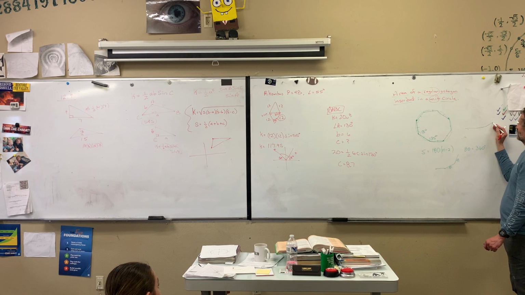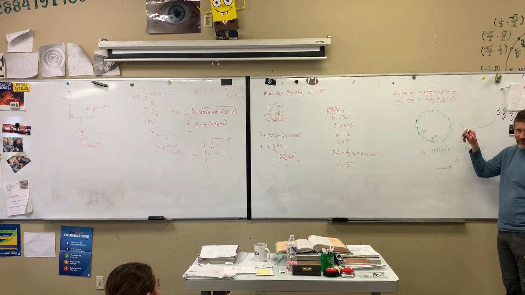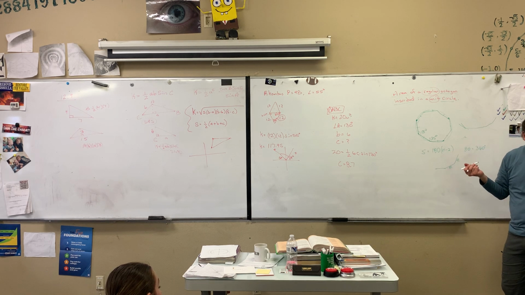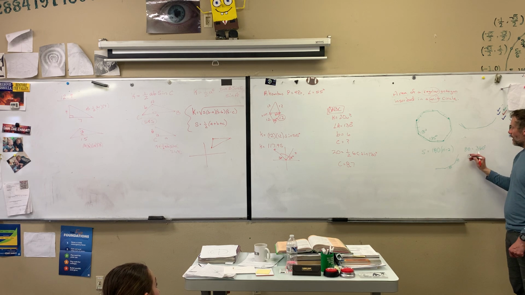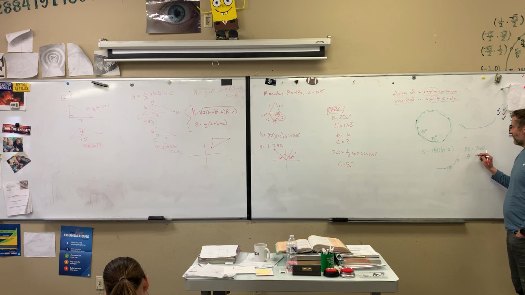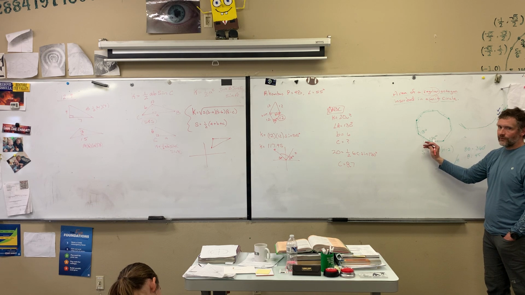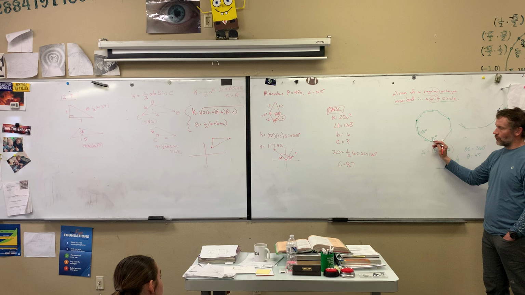And how many degrees in a circle? 360. So 8 goes into 360 how many times? 45, which tells you the exterior angle is 45, which tells you the interior is 135.